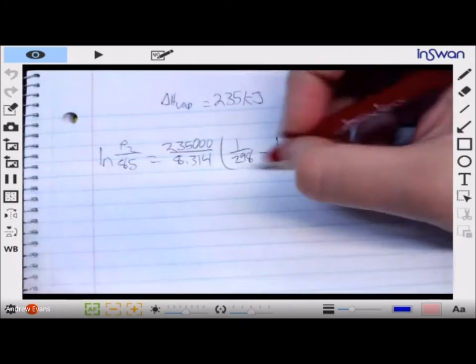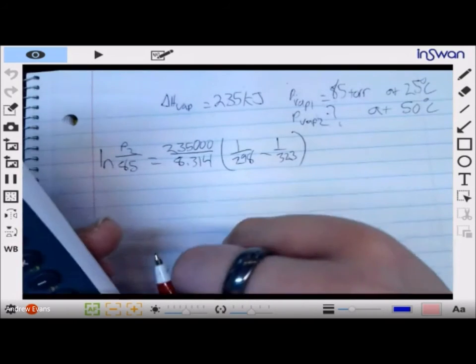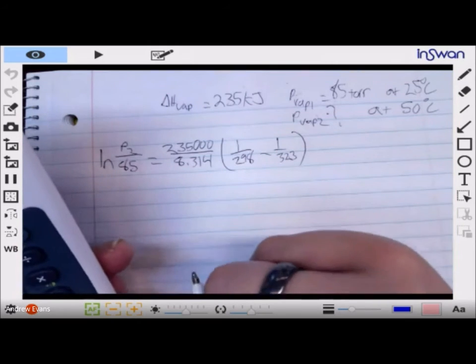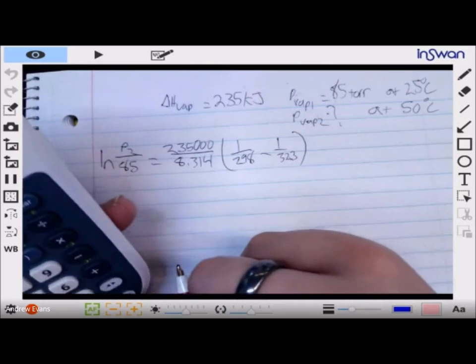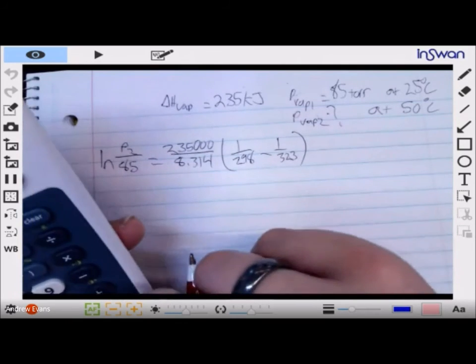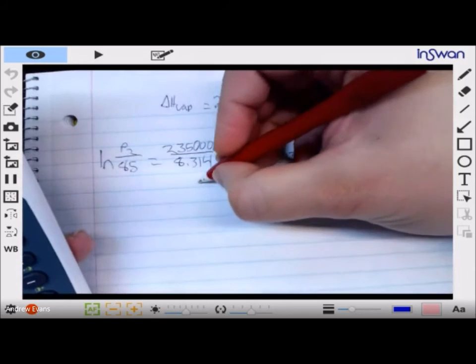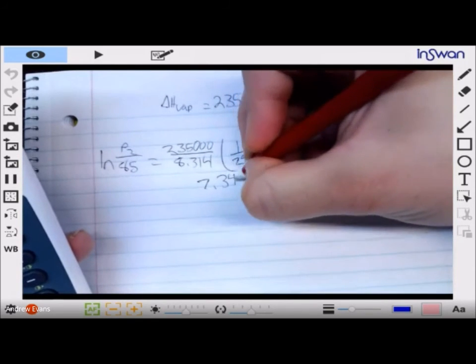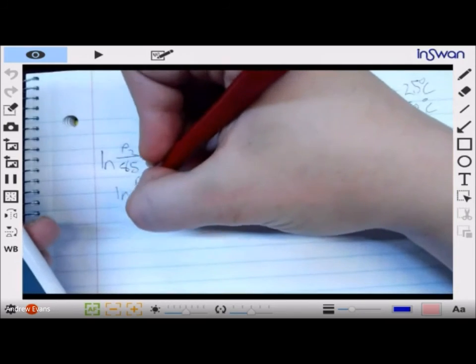Let's start by evaluating that: 1 over 298 minus 1 over 323, times 235,000 divided by 8.314. Evaluating that, we get 7.3414 equals ln(P2/85).